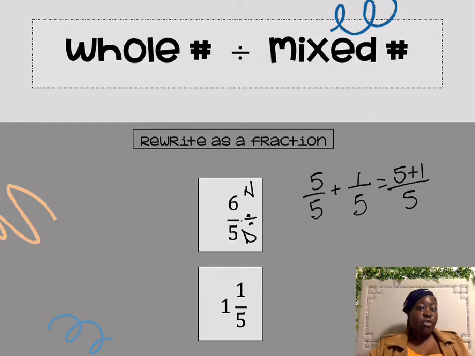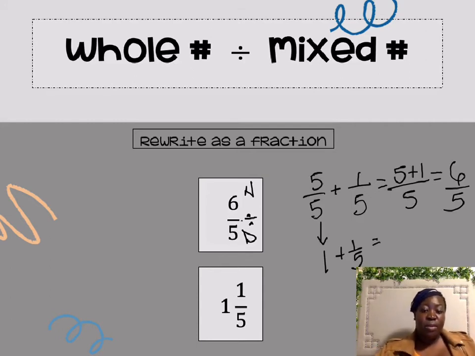That's equal to 6/5. 5/5 is the same thing as 1 whole plus 1/5. And if you remember in adding a whole number plus a fraction, you can put it together. So that's equal to 1 and 1/5.